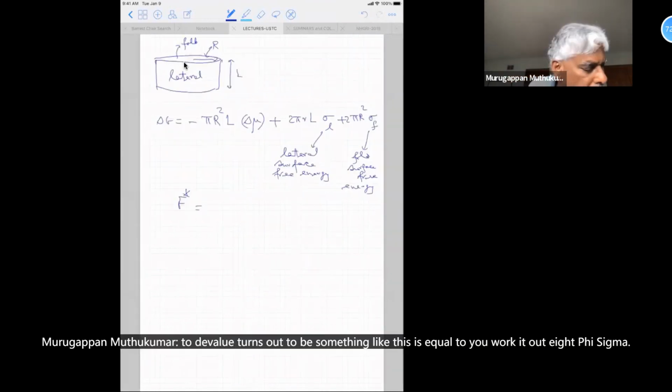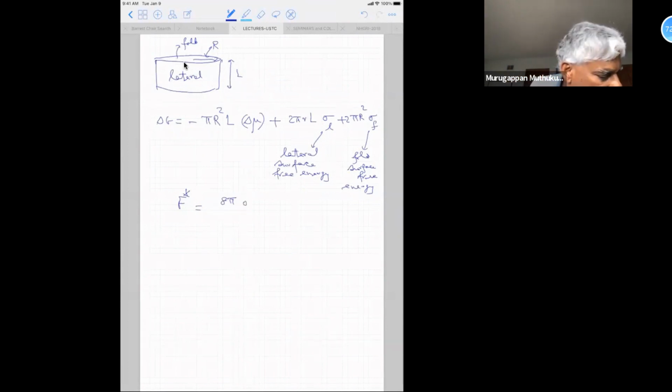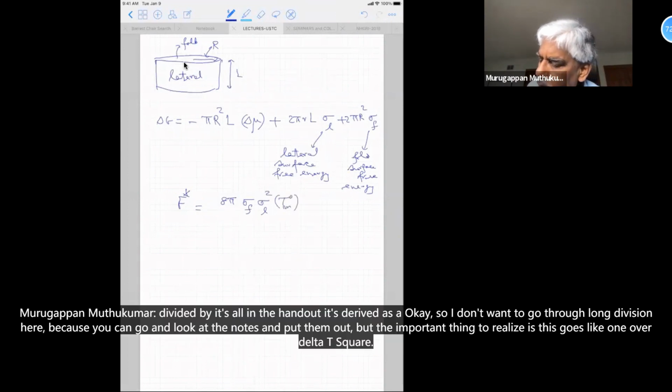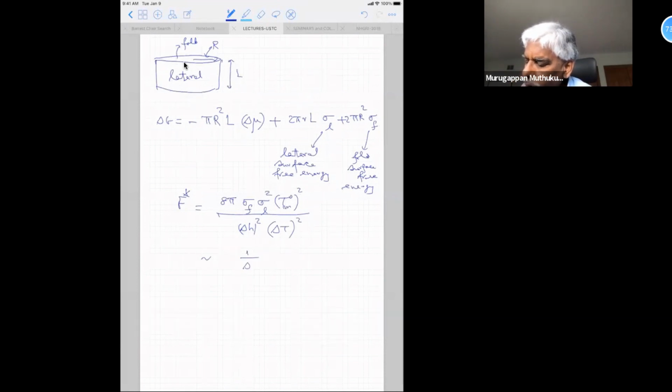This is equal to, you work it out, 8 pi sigma sigma L square, and then Tm0 square divided by... it's all in the handout, it's derived there. So I don't want to go through long derivation here because you can look at the notes and work them out. But the important thing to realize is this goes like 1 over delta T square. That's the important thing.